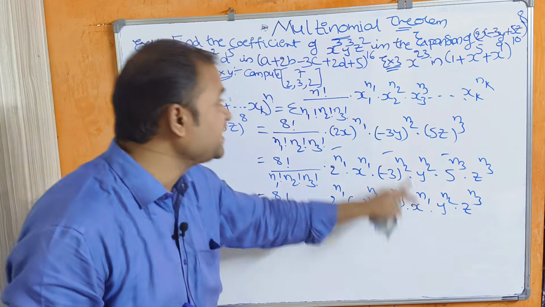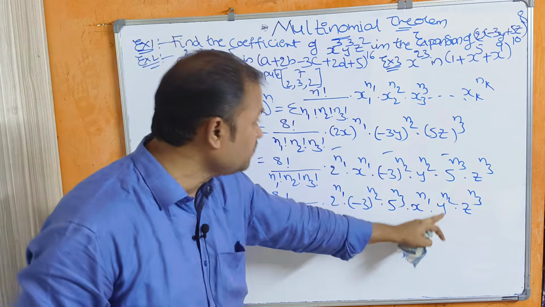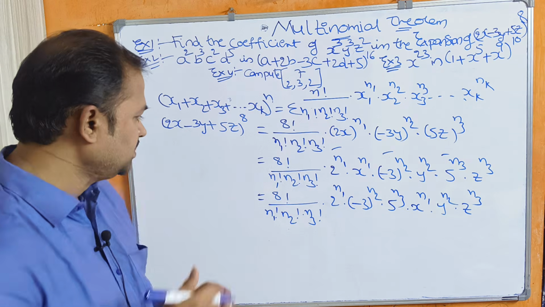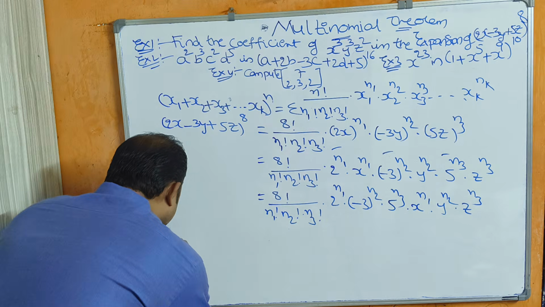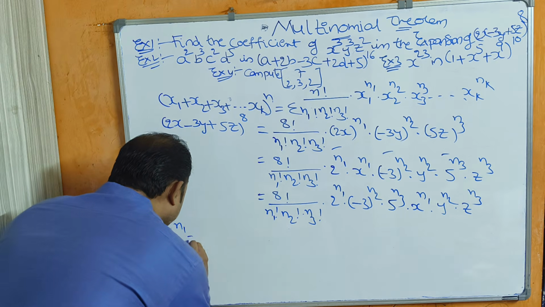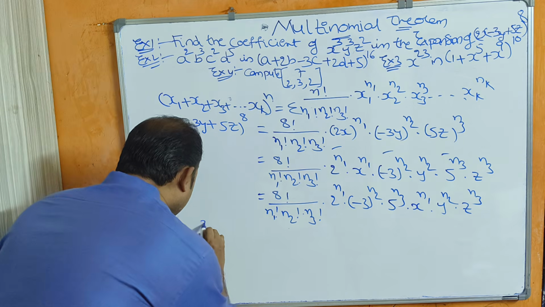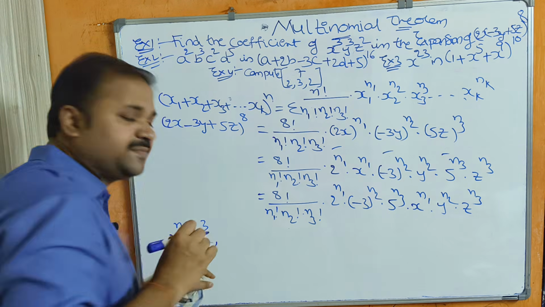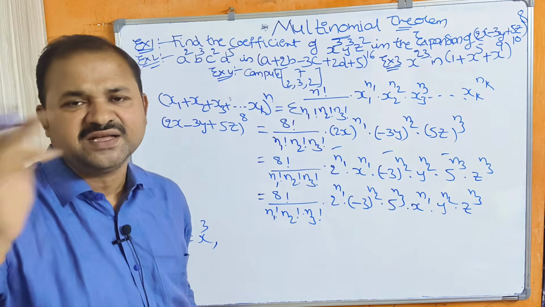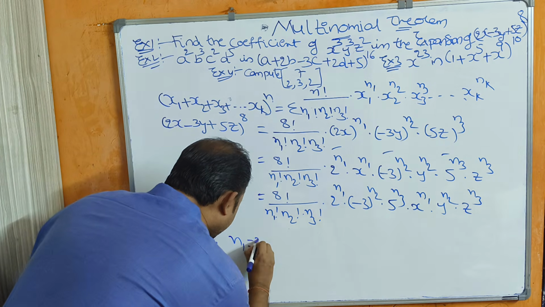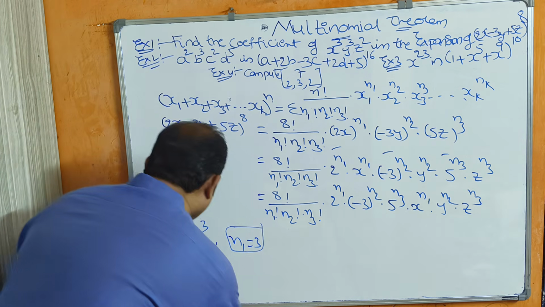So we can equate x power n1 to x cube, y power n2 to y cube, z power n3 to z square. So x power n1 equals x cube. Here the bases are equal. If the bases are equal, then we can equate the exponents. So the value of n1 will become 3. n1 equals 3.